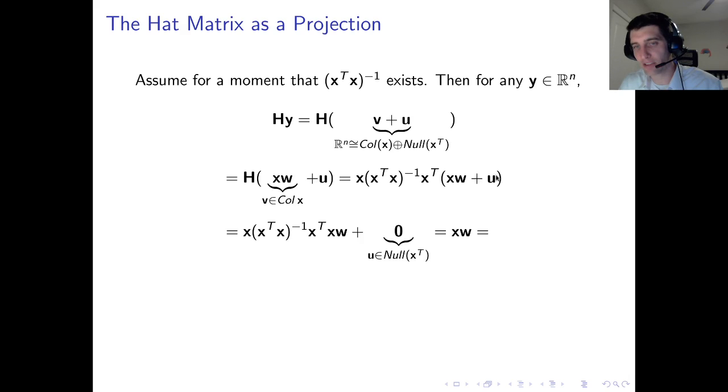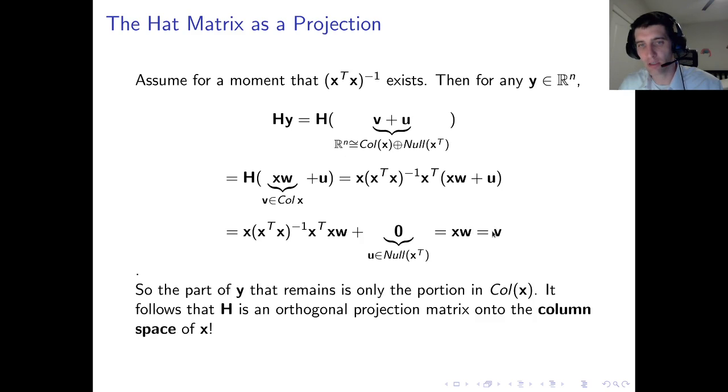So when I apply X transpose to U, I get 0, just by the definition of being in the null space of X transpose. So when I distribute this piece to U, I get 0. For this piece, I have an X transpose X inverse and an X transpose X, so these cancel, and I'm left with XW. And XW, remember, is equal to V.